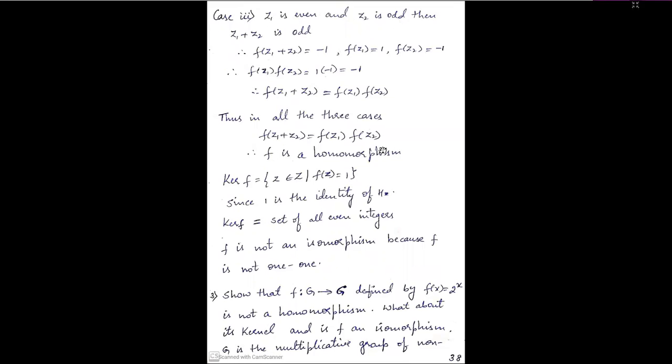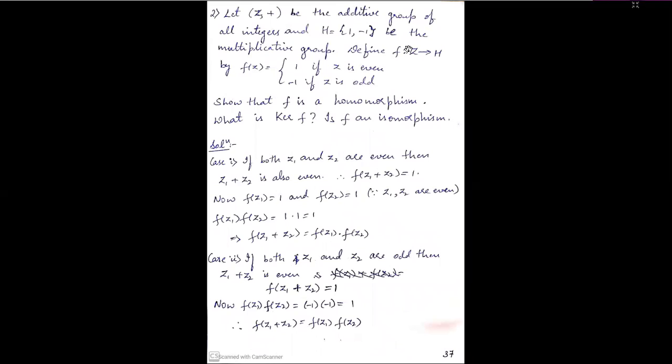The next thing we have to check is the kernel of F. The kernel of F is defined as all those elements Z belonging to Z such that when you map these elements using F, they are mapped to the identity element.